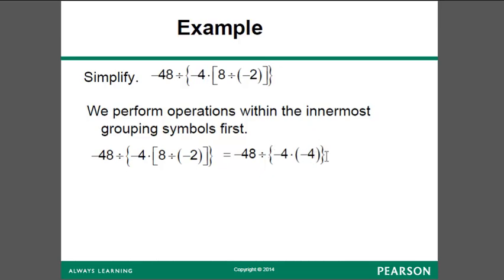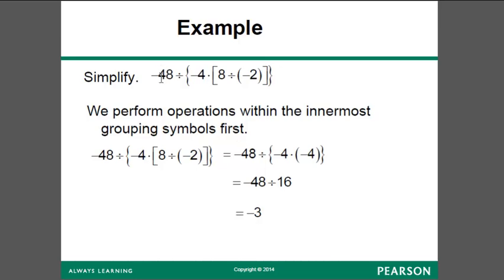I still have a set of grouping brackets here, and so I'm going to do negative 4 times negative 4, which will give me a positive 16. Now I do negative 48 divided by 16. This will give me a negative 3.